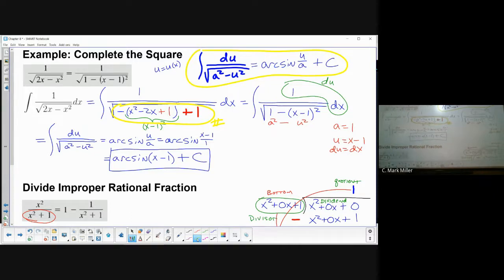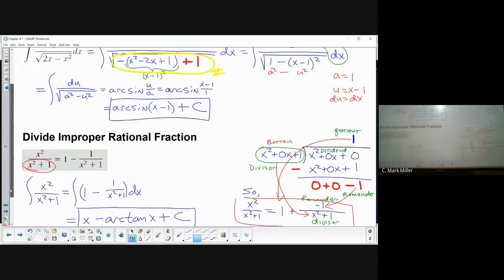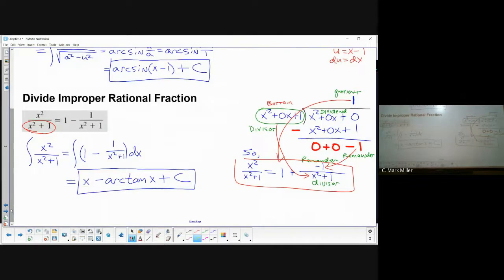Then down here, when you have the same power, same degree in numerator and denominator, you do long division, and that is hot spot number one here. Hot spot number two would be, once you get it broken up like that, do you recognize this as arctan?